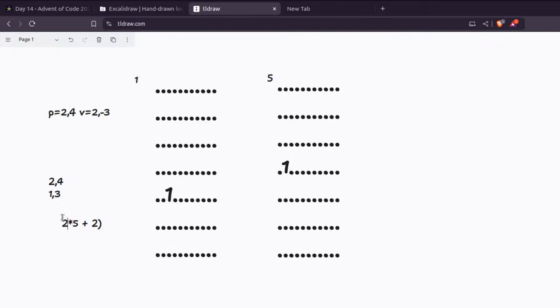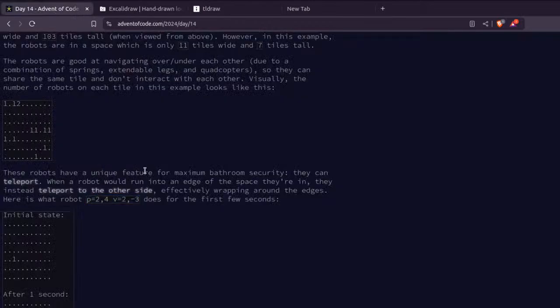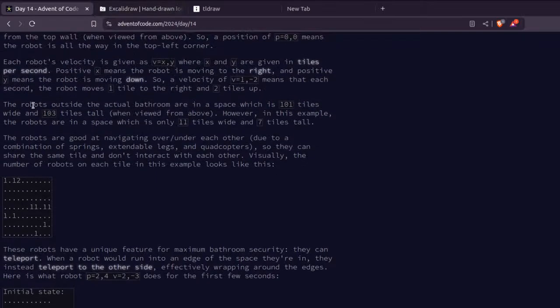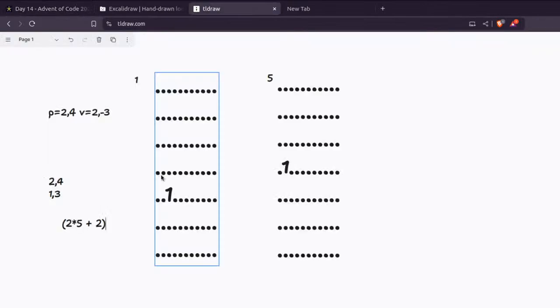What is the bound? Because this will be within 101 and 103 tiles, so we need to make some sort of boundaries there. It is 101 tiles wide. So if you do this, it will be 10 plus 2, which will be 12.